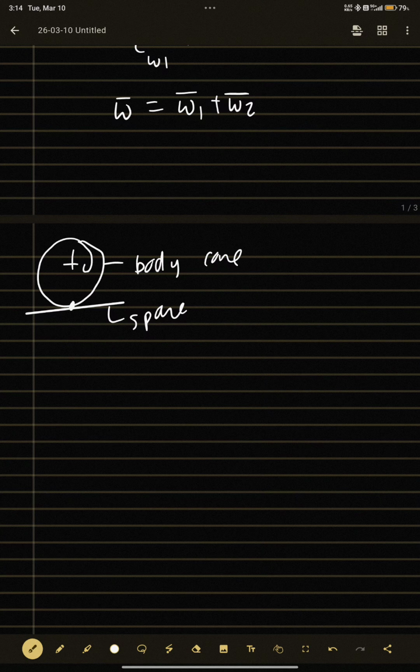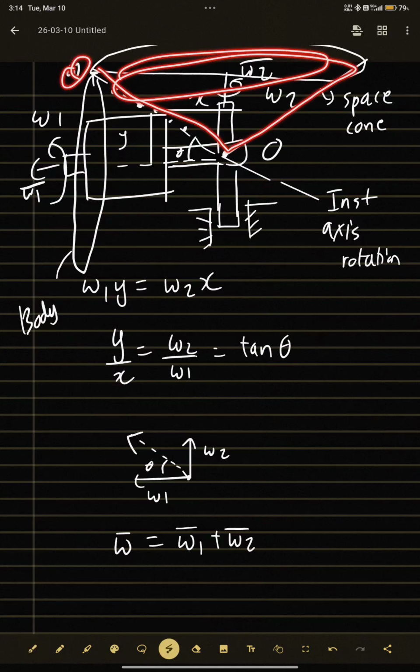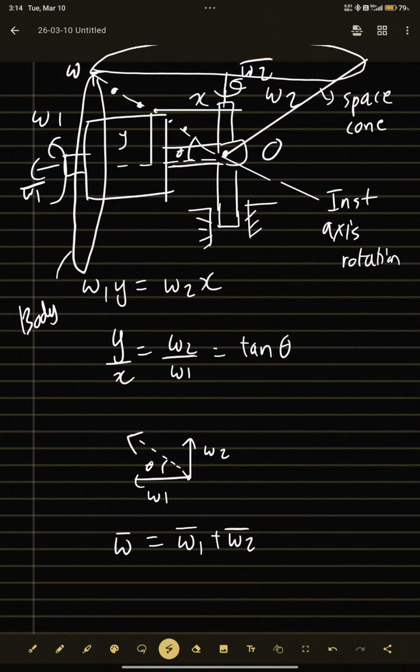More importantly, space cone is the absolute motion of the net angular velocity. What is your net angular velocity? Total angular velocity. In the absolute frame, how does it move? Like this. Body cone, someone who thinks that he is on this shaft, rotor, he will see that it is rotating like this.